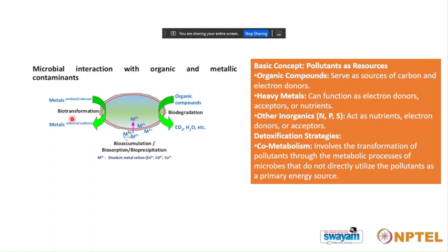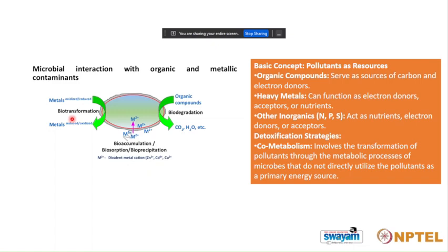The metal is reduced into its non-toxic form, because chromium 6 plus is reduced to chromium 3 plus by electron transfer from the microbes. This is one example of biotransformation. Usually biotransformation happens when the pollutants are not degradable. Specifically in the case of heavy metals, biotransformation is very helpful, and biodegradation happens in the case of organic compounds.